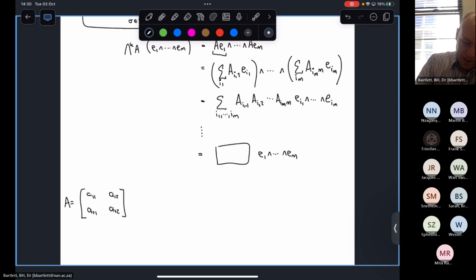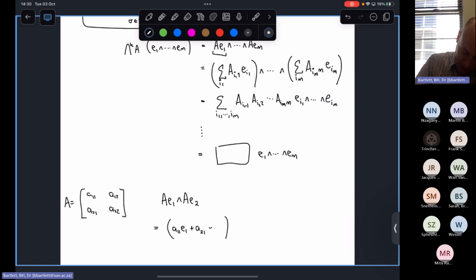So then I've got a two-dimensional vector space, and I want to know what AE1 wedge AE2 is going to be. So this is going to be A of E1, which is A11 E1 plus A21 E2, wedge A12 E1 plus A22 E2.